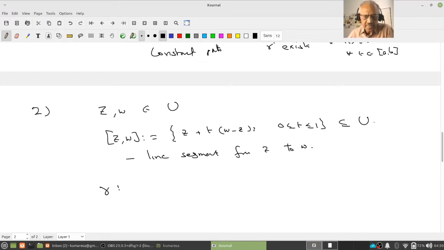So let us define gamma t to be Z plus t into W minus Z, 0 less than or equal to t less than or equal to 1.